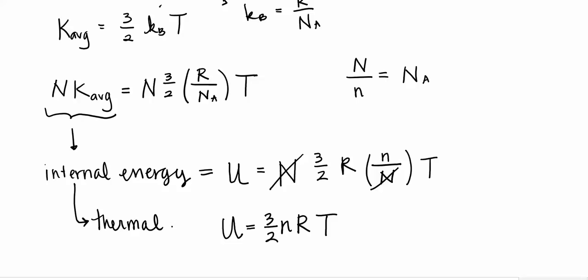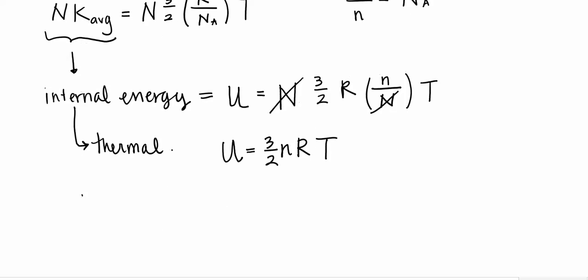Now, there was zero work being done in this process that was isochoric, or isovolumetric, the one where we didn't change the volume. But in order to change the pressure, we have to change the temperature, which means that there was a change in the internal energy, which was not equal to zero.